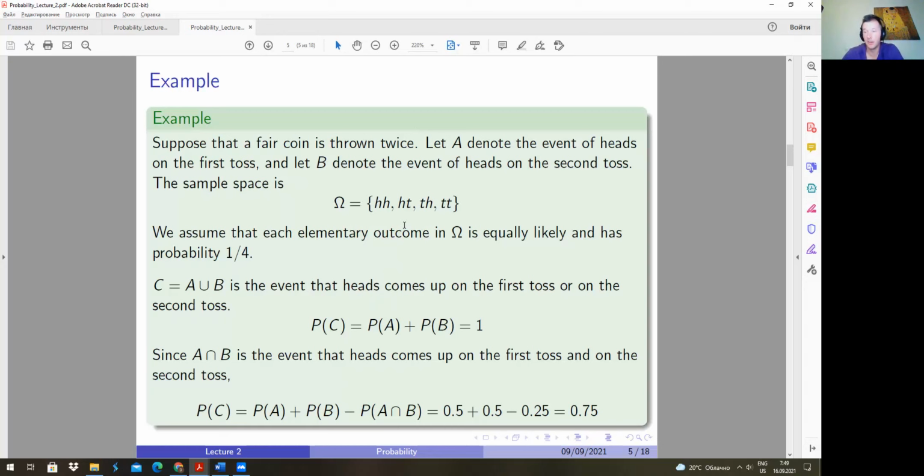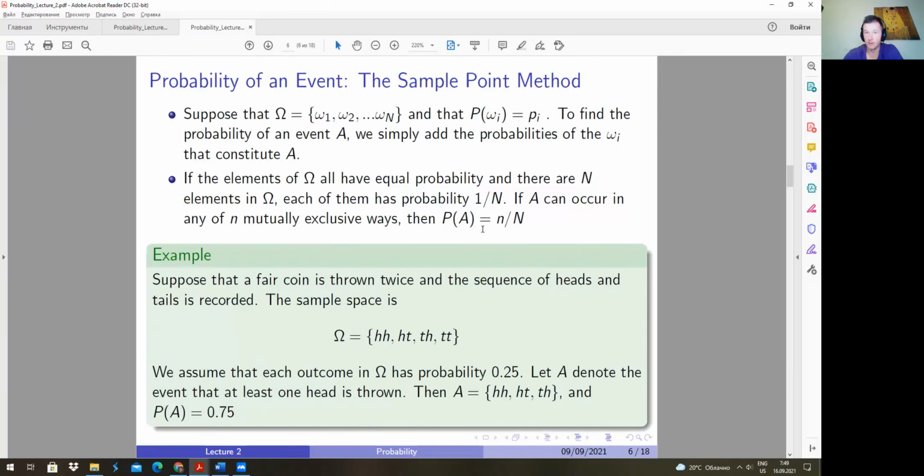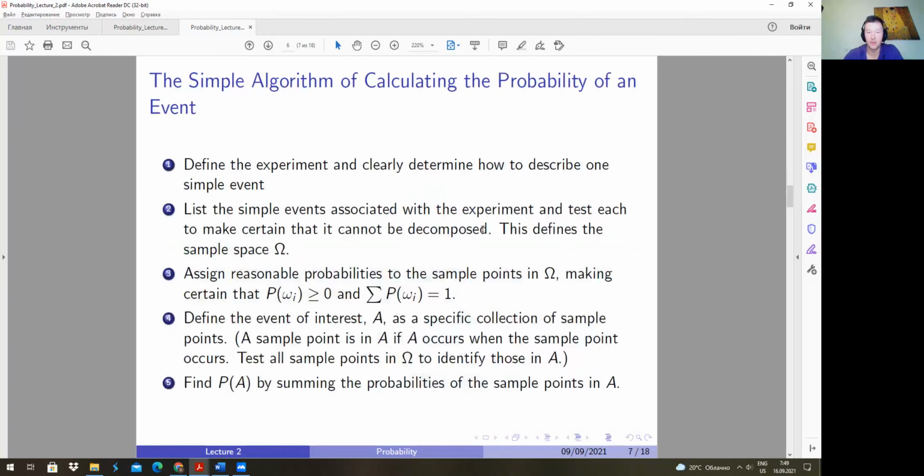Again, take into account that this is an assumption. It is not given by some rule. This is an assumption that we believe that all these elements are equally likely. That's the only case that gives you this way to calculate probability.